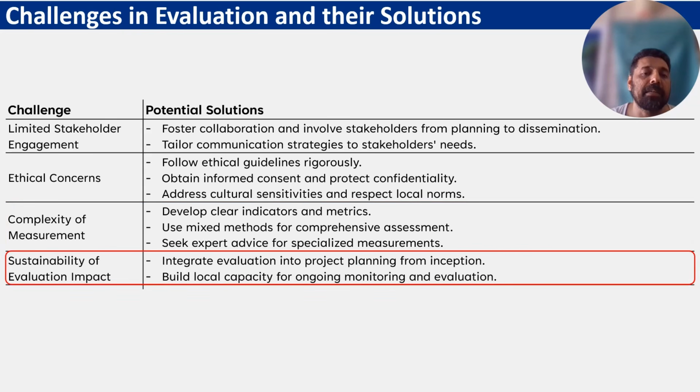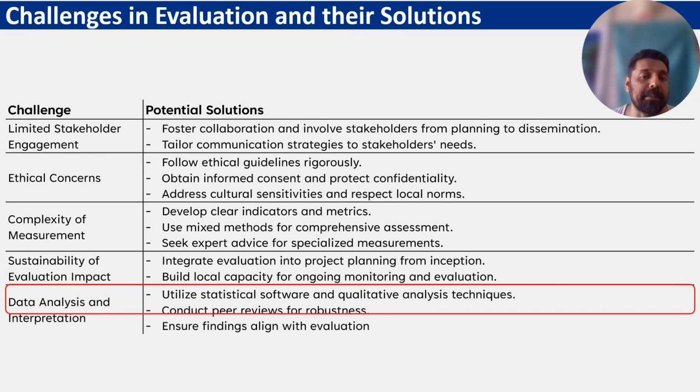Similarly, sustainability of evaluation impact. Integrate evaluation into project planning from inception. Build local capacity for ongoing monitoring and evaluation. Data analysis and interpretation: use statistical software and qualitative analysis techniques. Conduct peer reviews to ensure findings align with the evaluation.